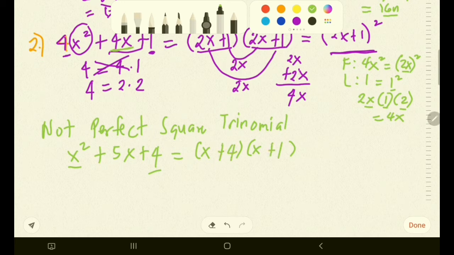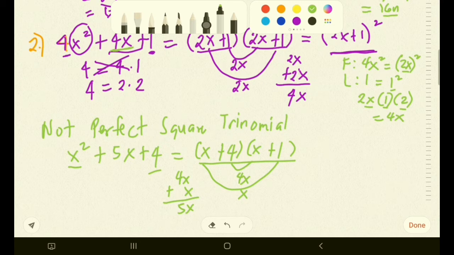So after doing trial and error, you check that in your notebook. 4 times x, 4x. x times 1, x. So when you add 4x plus x, that's actually 5x. So these factors are correct. Okay? So it is obvious that it's not a perfect square because you didn't come up with an expression that is expressed to the power of 2.